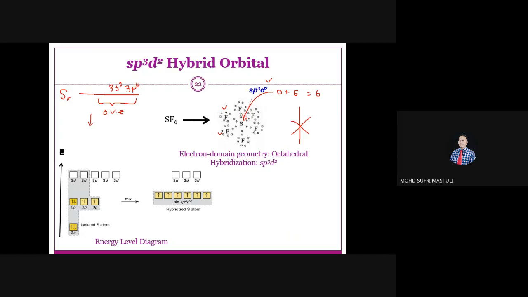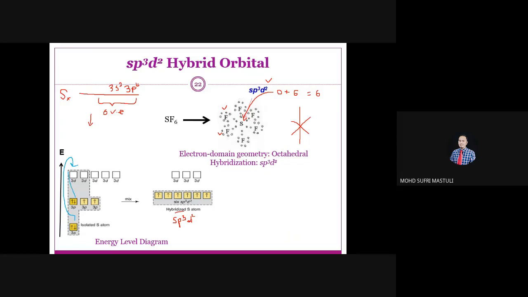This is why we have to hybridize to sp3d2. In order to provide 6 single electrons, we have to transfer this to d because we need d2.